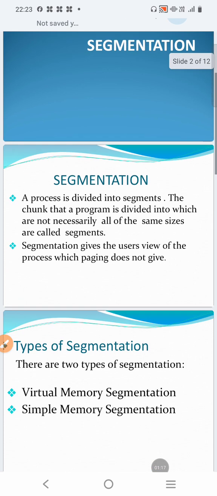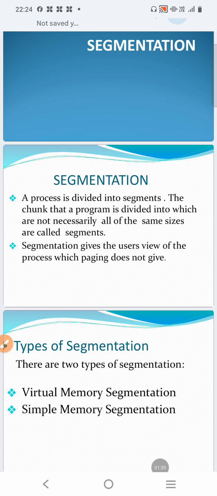Segmentation is used to implement modular structures, but in paging we are not maintaining any modular structure. Modular structure means each partition in the main memory will hold only one function.